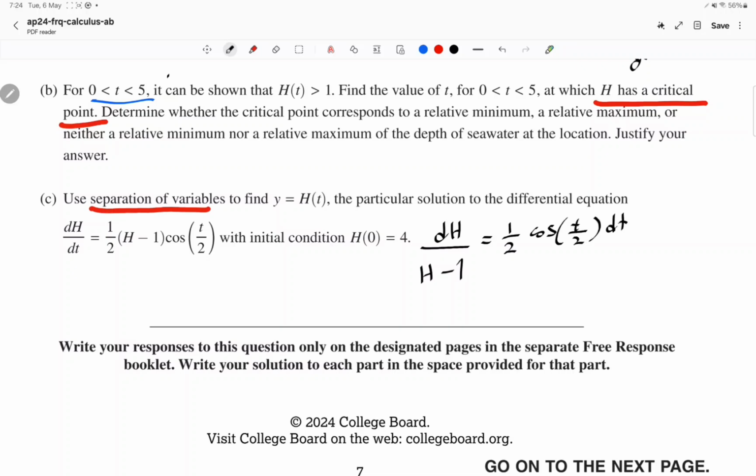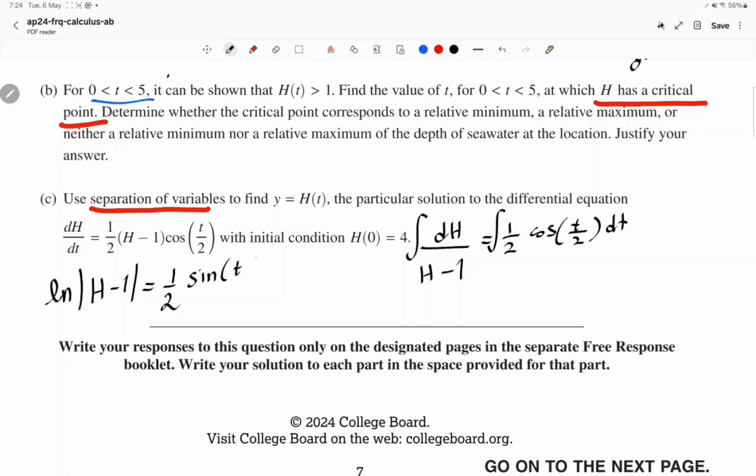Now, how would you integrate 1 over h minus 1? That will be ln, correct? Yeah, like h minus 1. So you're going to do ln of the absolute value of h minus 1 is equal to, oh, you must not put this integration sign, is equal to half. What's the integral of cosine?